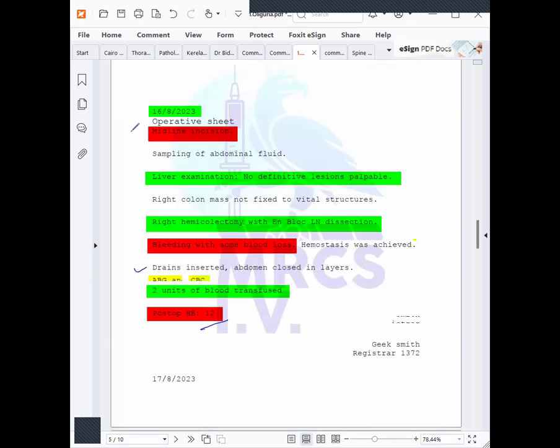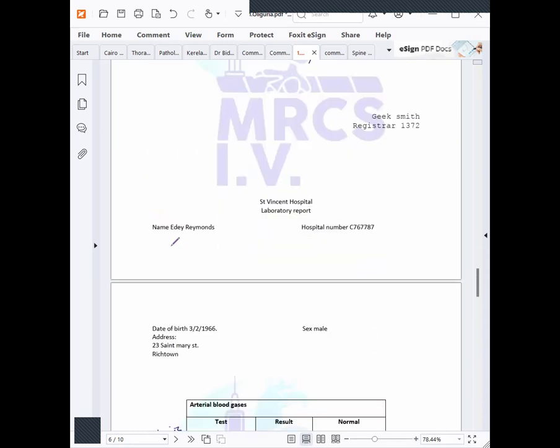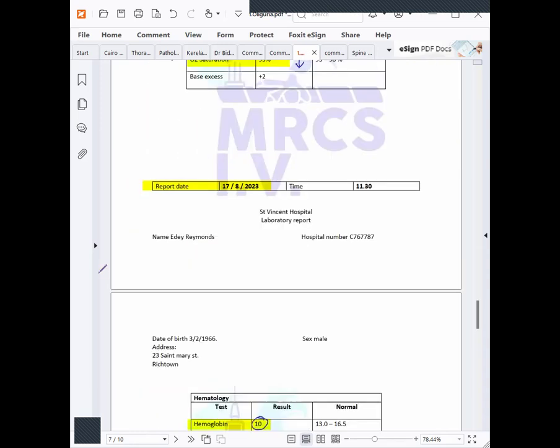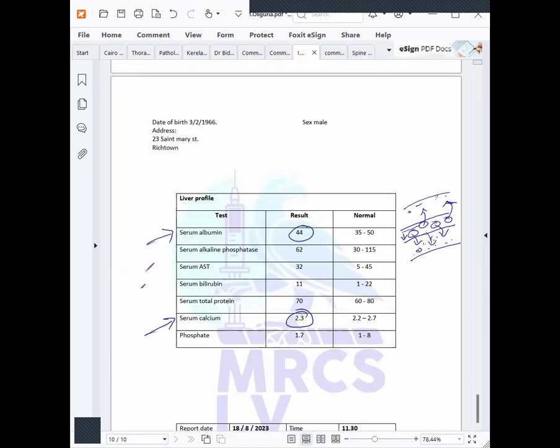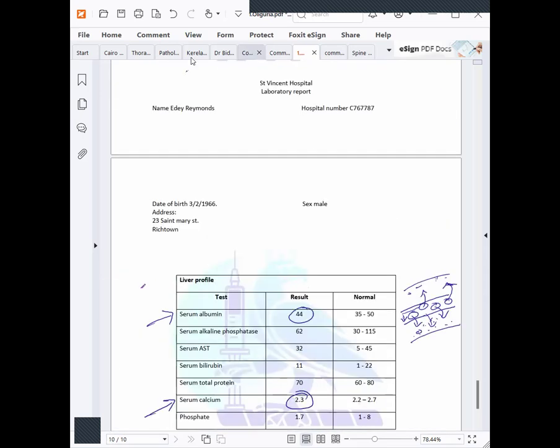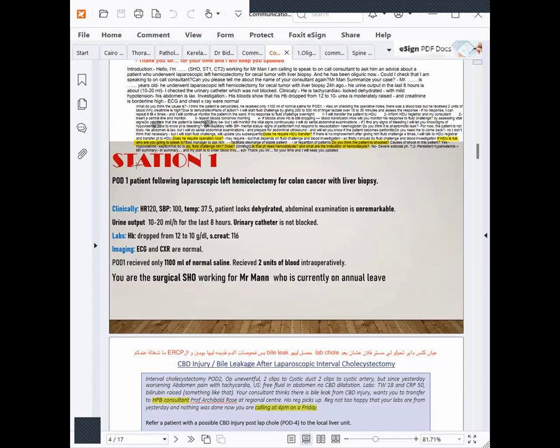Then this is the OT note and some description of the OT note. Then post-operative review about the investigation and fluid chart, urine output. Then investigation reports. All reports are there. This type of file will be there, and you have to make your own note according to a ready-made format. Now you can read the station, and Dr. Asma, you are there.